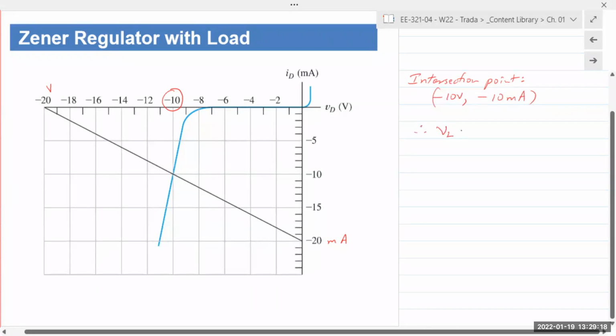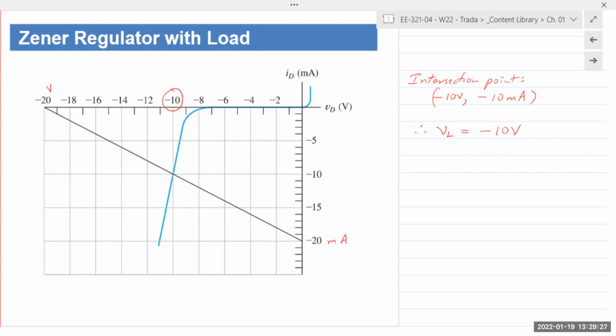Therefore, output voltage VL is minus 10 volts. And so for an input voltage VSS of 24 volts, our Zener voltage is at 10 volts. So that's the graphical solution.